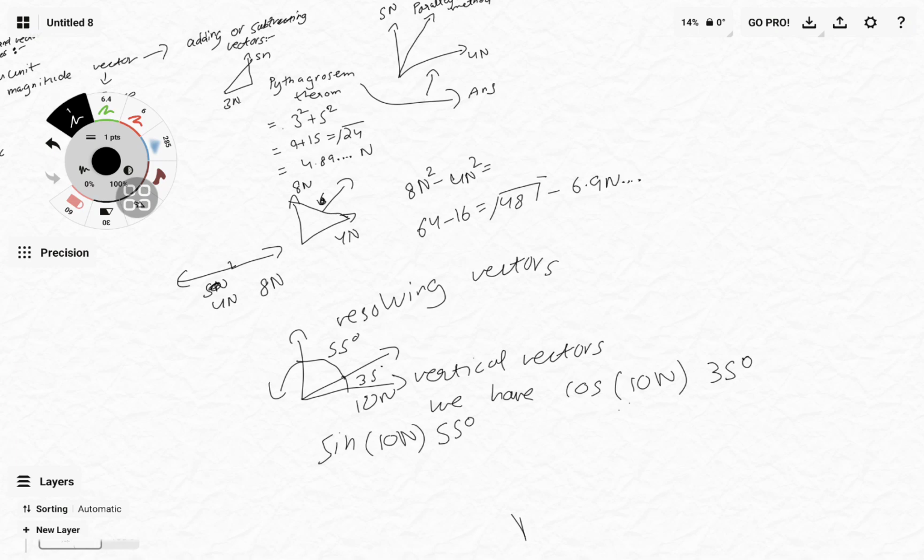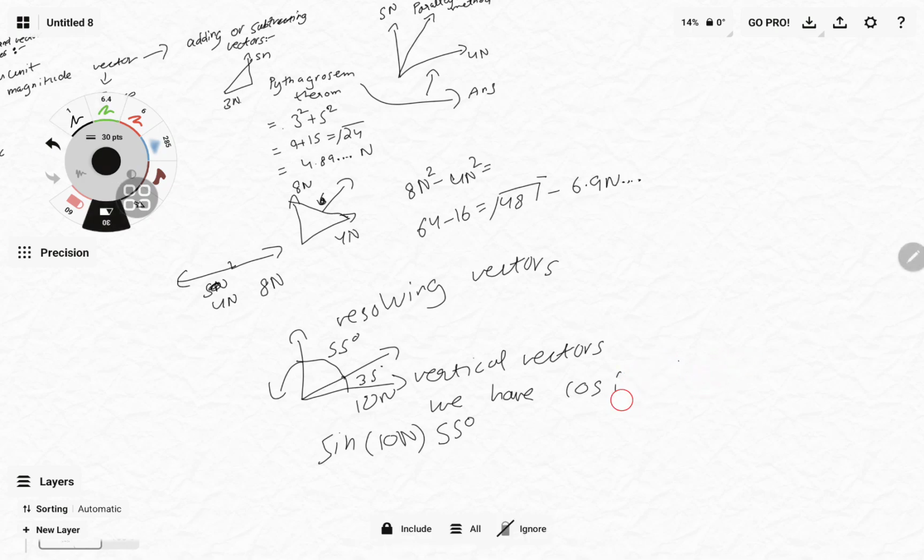So yeah, let's actually calculate them in the calculator. Cos 35. Oh, I am actually so stupid, oh my god. Sorry, I'm really bad at maths, but I'm improving slowly. So this would actually be 35, 10 Newton, and same here. So let's erase this.